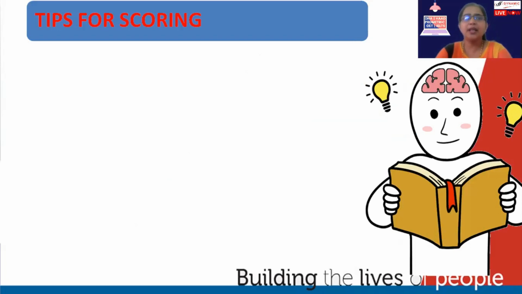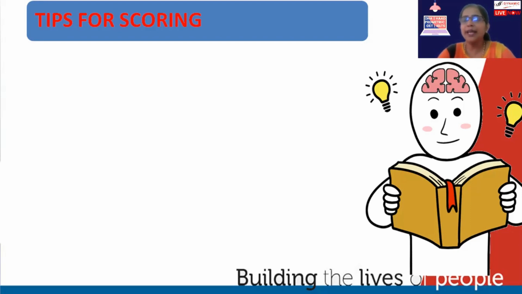Now, here, the tips of scoring. Here, you know that an extract will be given, a question will be there, and there will be 3 options. So here, what you can do is, first you read the question, then go to the text. Keep the question in your mind, read the question, read the text to find out answer for the question.